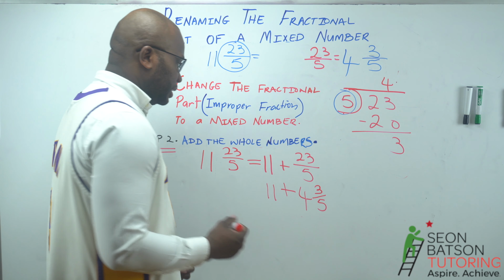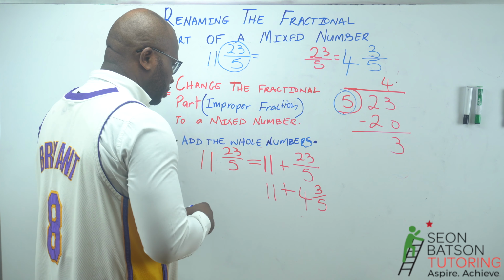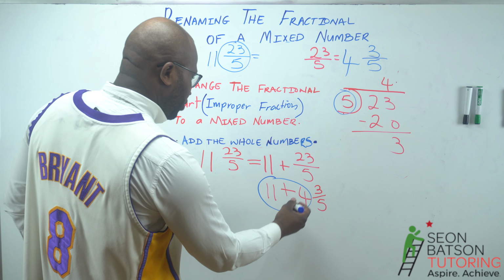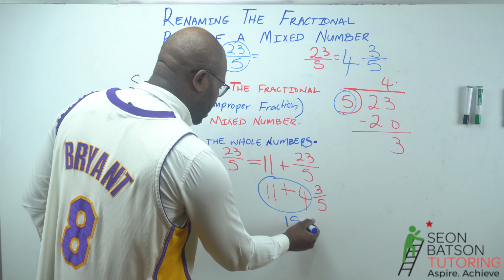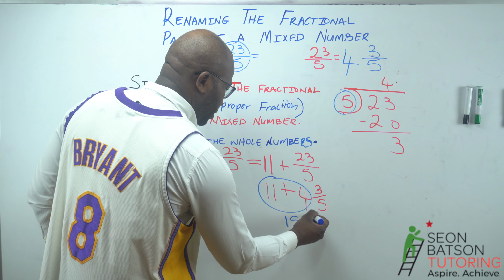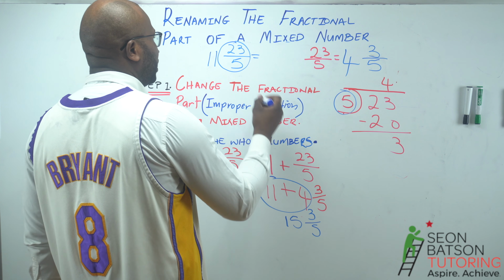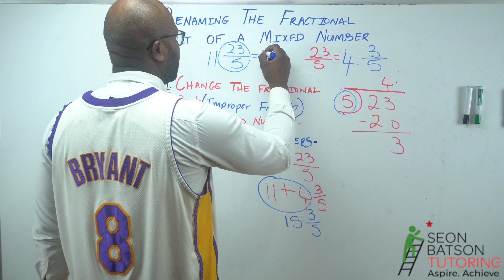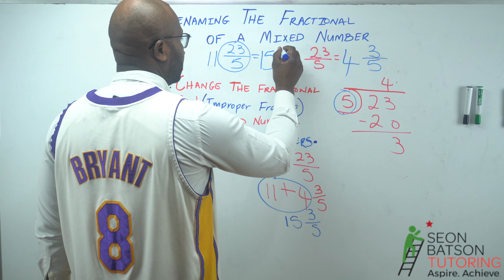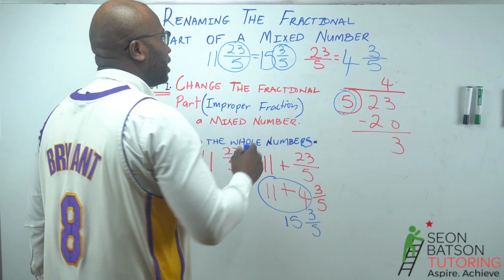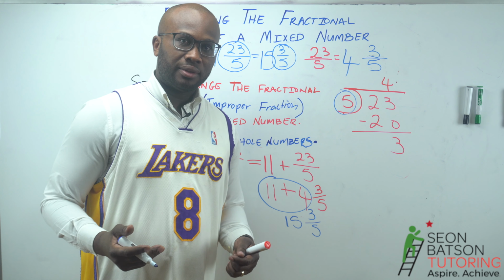So far, so good. Now we can add the whole numbers. The whole numbers are 11 and 4. If we add 11 and 4, we will get 15. And the fractional part now remains 3/5. So 11 and 23 over 5 is equal to 15 and 3 over 5. And if you see, the fractional part is now a proper fraction.